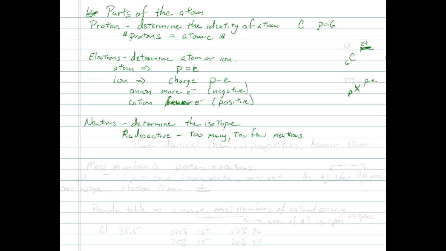Isotopes have the same chemical properties. So different isotopes of the same element have identical chemical properties.